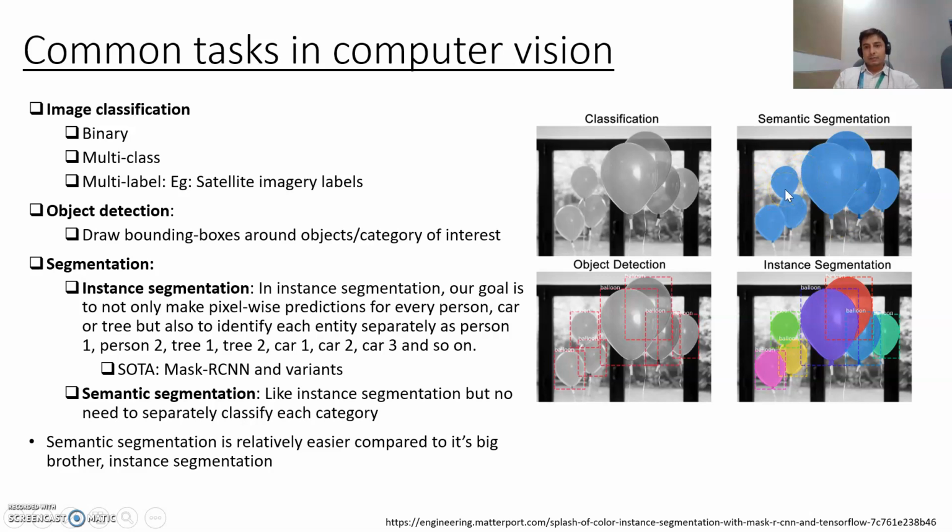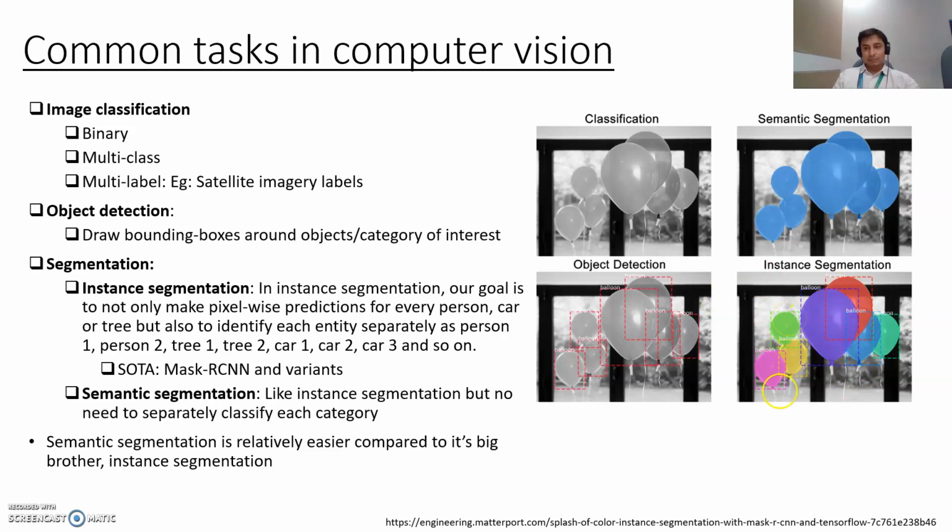Now, the important thing to note here is that we are not differentiating between the various balloons that we have. I have a big balloon in between, and then we have smaller ones on the side and so on, but there's no distinction being drawn between the different balloons that are there. That's where instance segmentation comes in.